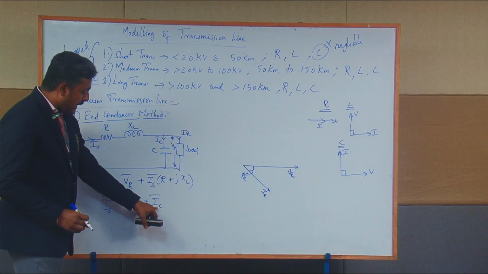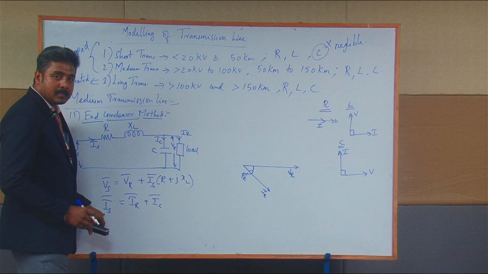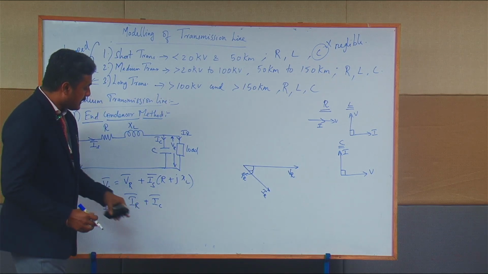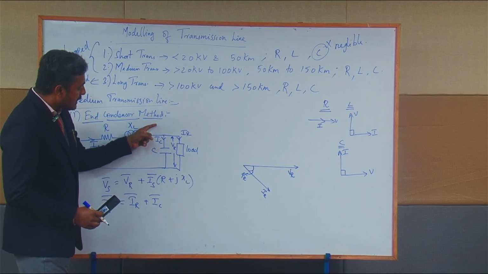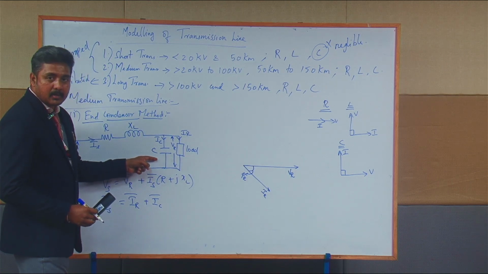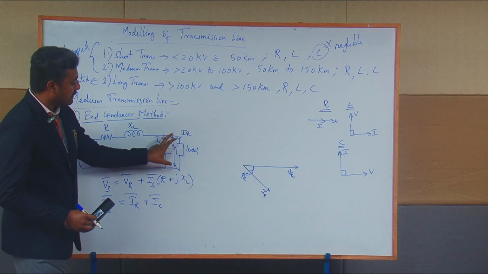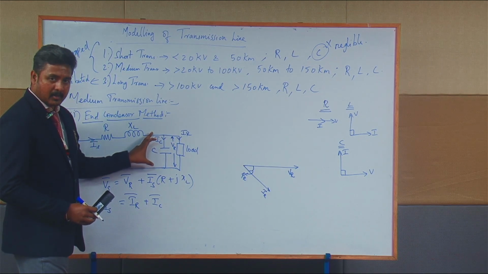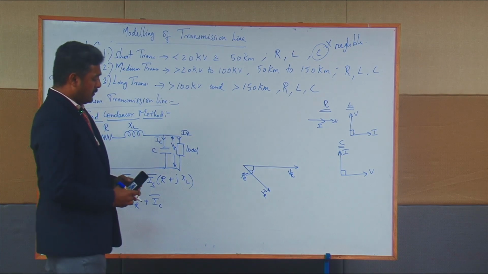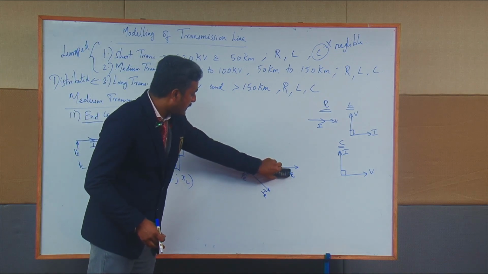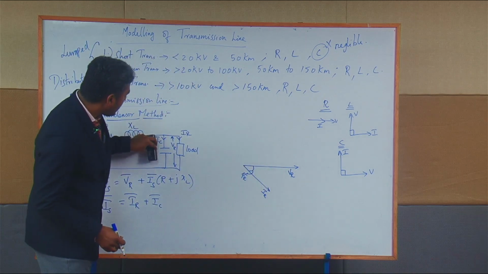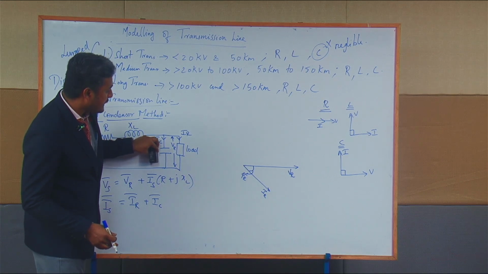You have to draw the IC vector to find the value of the Is vector. How to draw this IC vector? The IC vector is the current flowing towards this capacitor, and the voltage across it is the VR vector. Now you have drawn the VR vector, and you need to draw the IC vector.